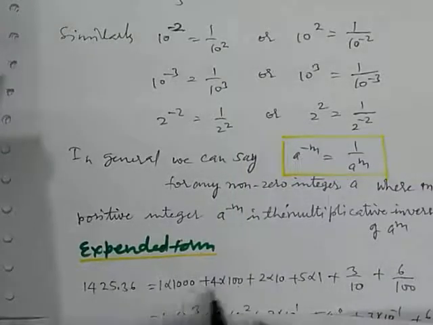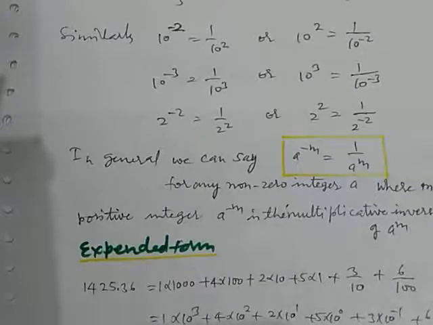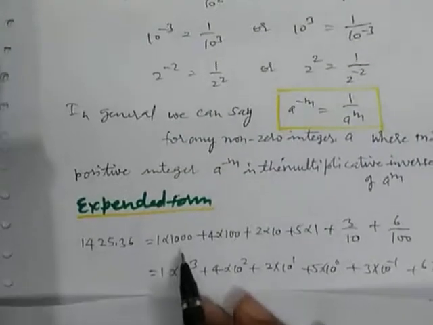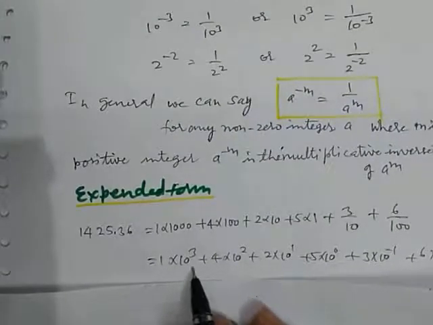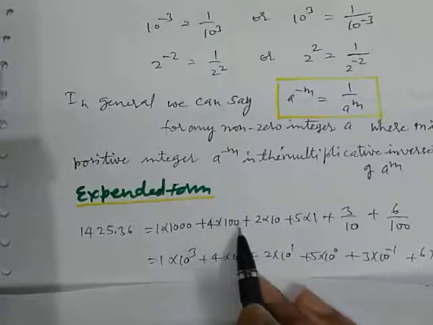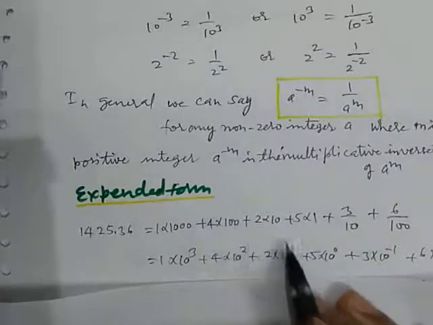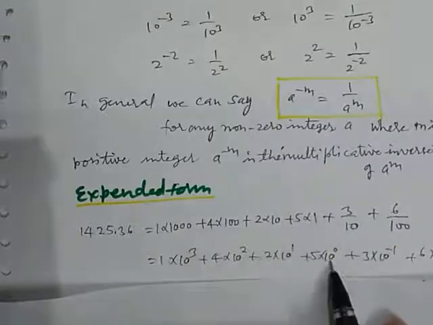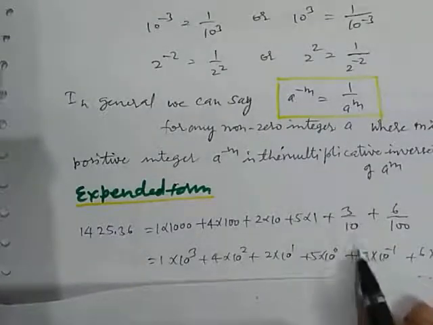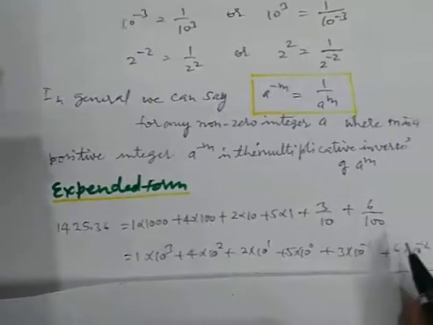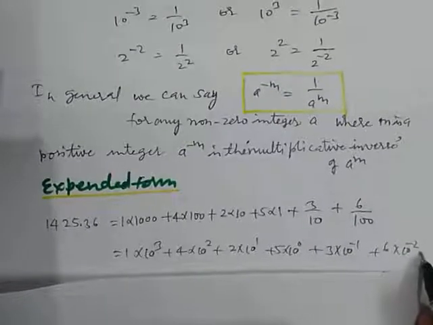Now we convert this into exponents. 1000 means 1 into 10 to the power 3. 4 into 100, 100 means 10 to the power 2. 2 into 10 to the power 1. 5 into 10 to the power 0. And this 3 into 10 to the power minus 1. And this 6 into 10 to the power minus 2.